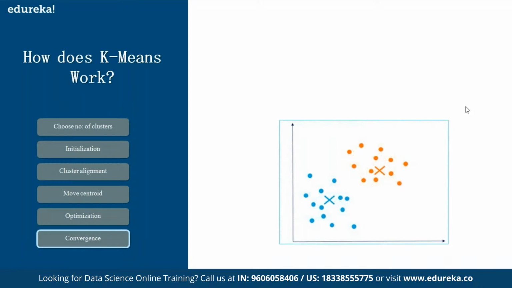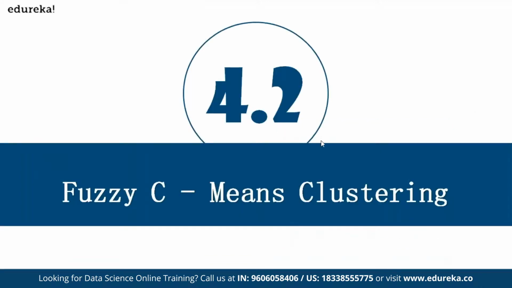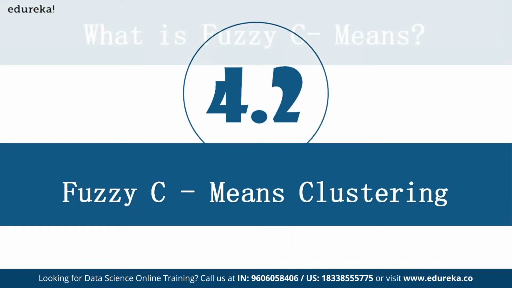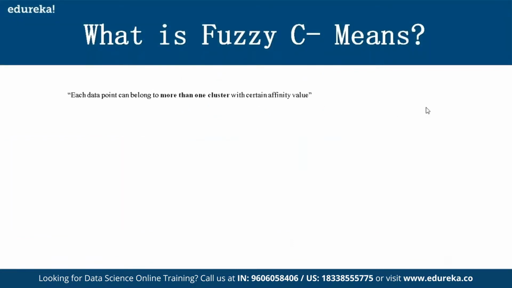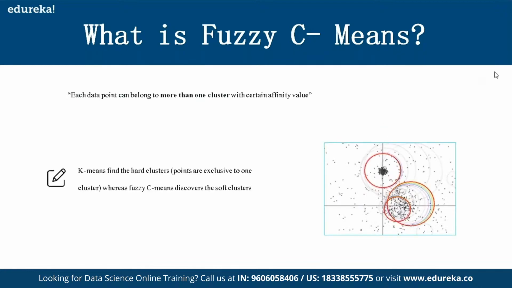We also have different types of clustering techniques, and the second type is fuzzy or C-means clustering. What is fuzzy or C-means clustering? The output will remain the same. C-means clustering means that there are cases where one or two observations can belong to two different clusters.